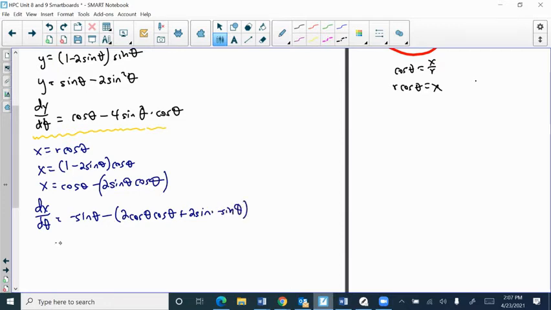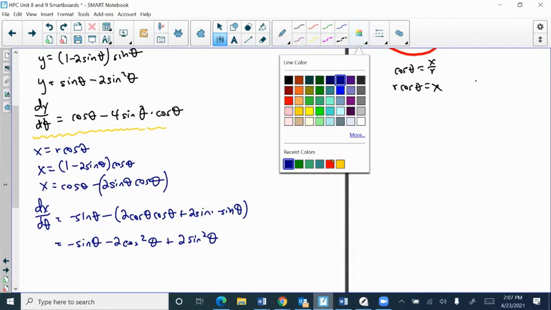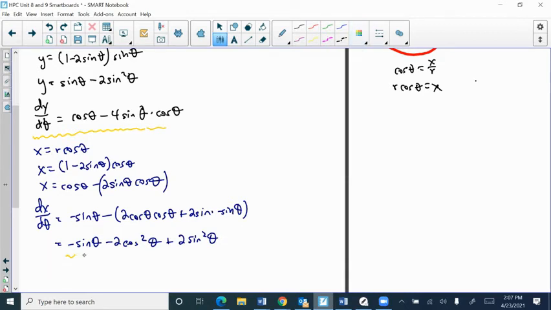When I simplify that, I get negative sine of theta minus 2 cosine squared of theta, and then this negative distributes, so that becomes plus 2 sine squared of theta. So now I have my dx/d theta.